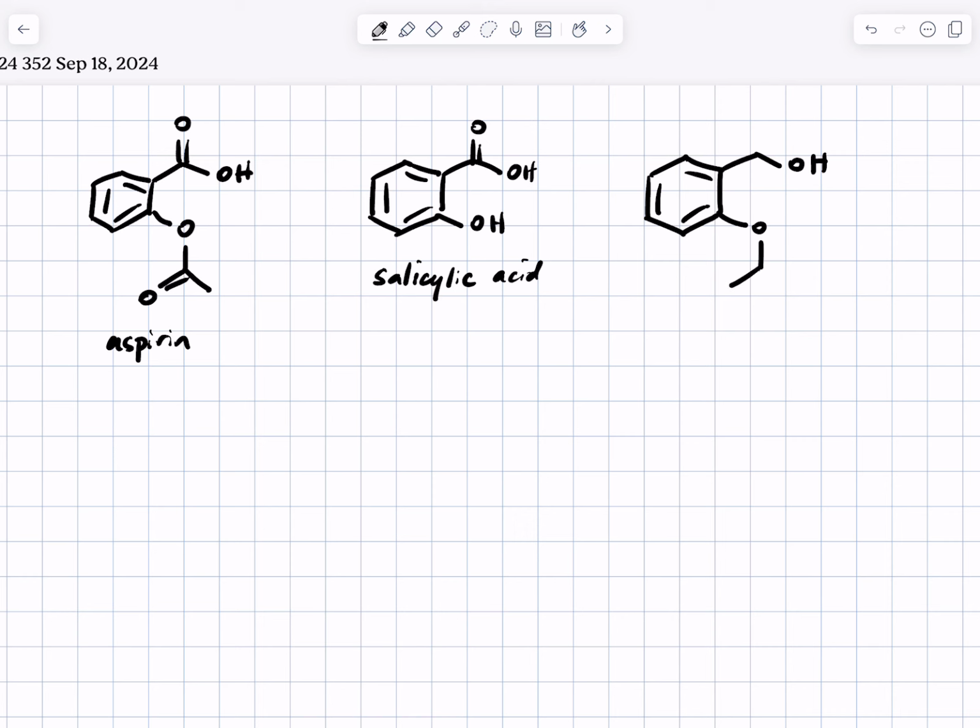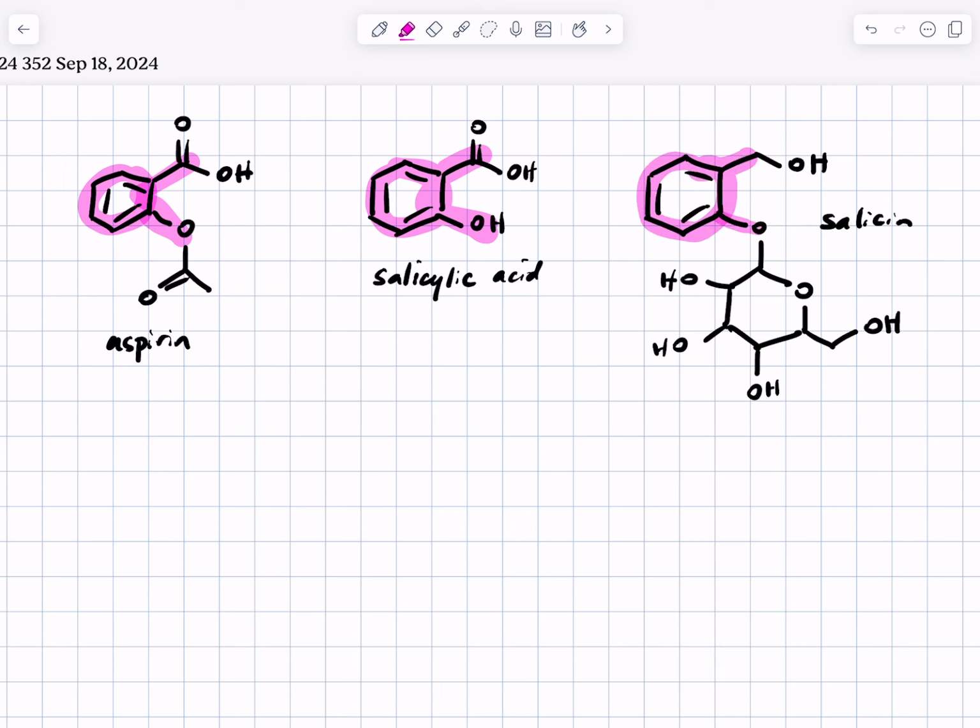This is from your text, actually. This 6-membered ring is probably glucose, but we're not showing the stereochemistry because sometimes we don't do that when we're in a hurry. And this is called salicin, and they all have this same sort of core structure of a benzene ring, an oxygen, and a carbon. Up here, it's an alcohol and an OR group, but that's sort of the same core structure.